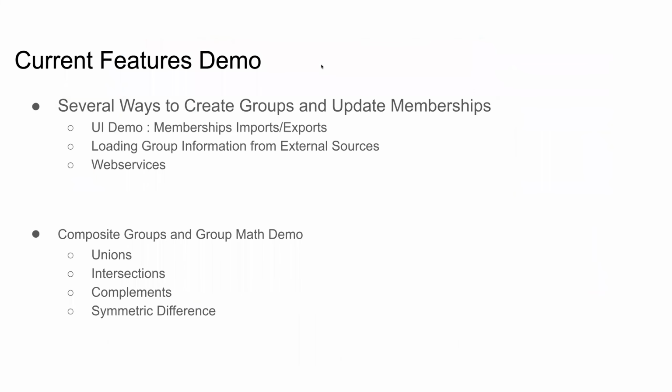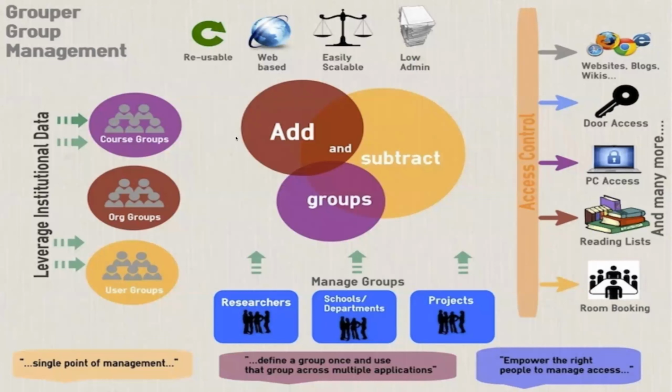This is another summary of what Grouper does best. Grouper is good at reaching out and leveraging institutional data and converting it into groups, whether that be course groups, organizational groups, user groups, ad hoc groups, or any other groups of services that the user wants to manage.